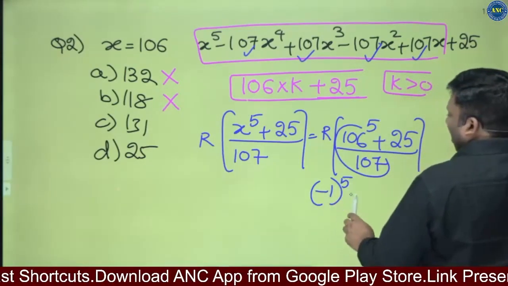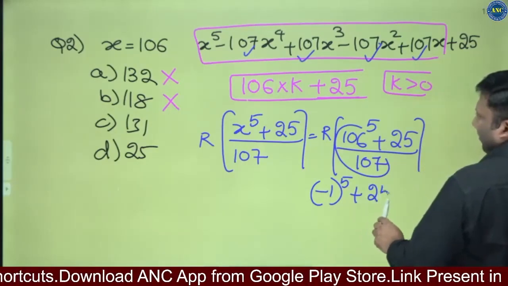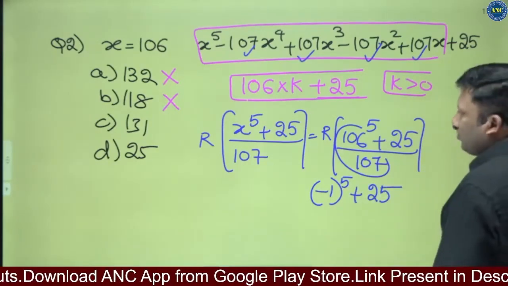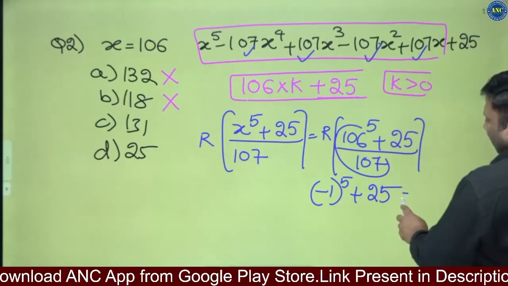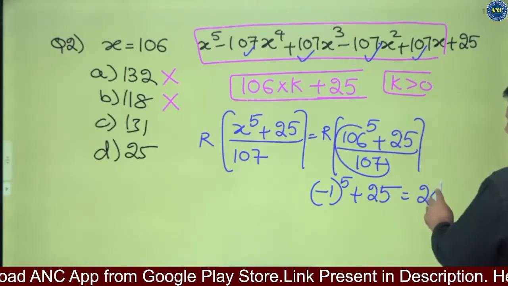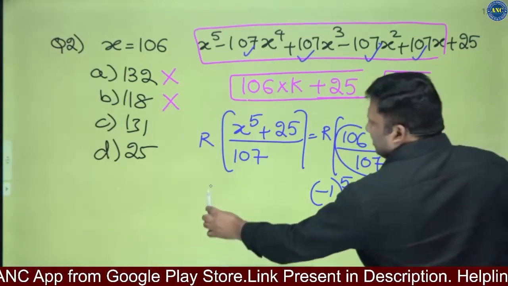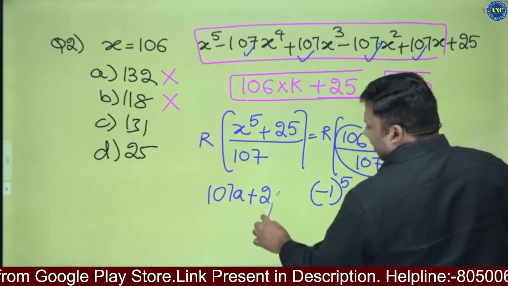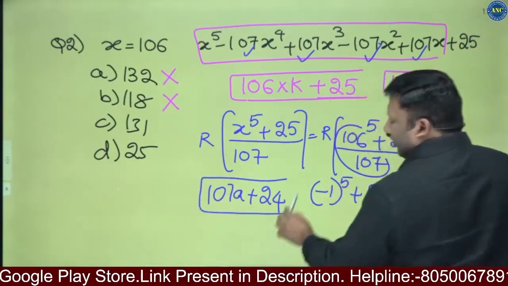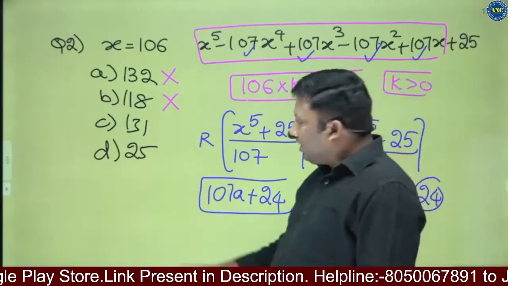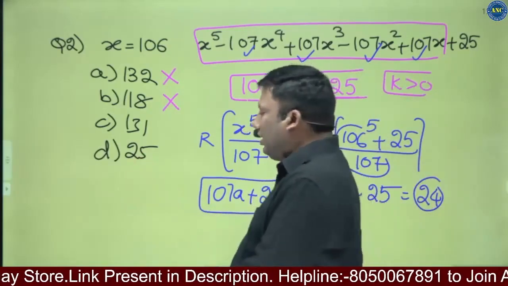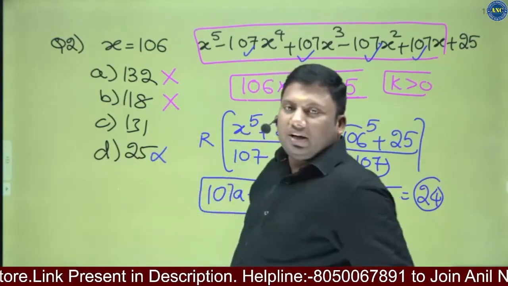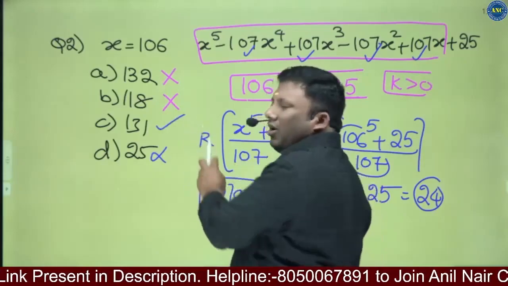Minus 1 power odd plus 25 is 24. That means the answer when divided by 107 should give a remainder 24. But this is giving 25. Not possible. Are you all with me?